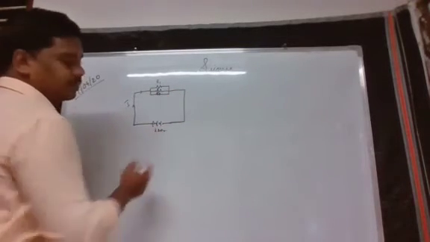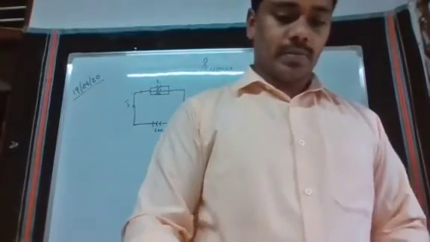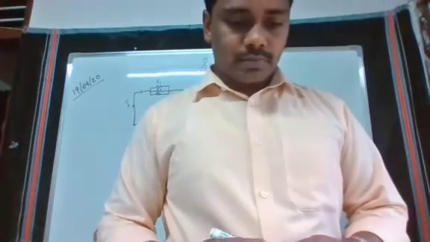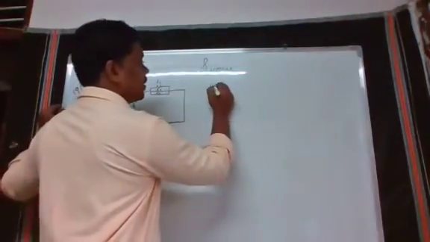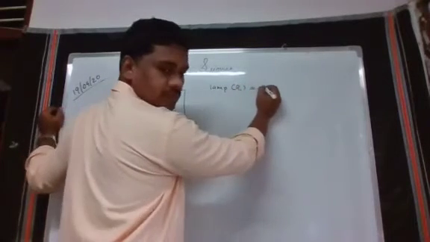What is given? Resistance of lamp, let it be R1. R1 is equal to 100 ohm.